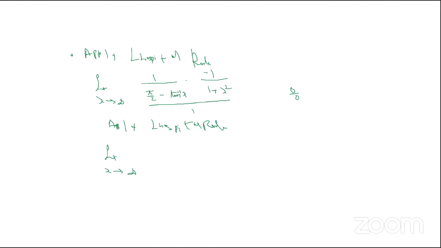D by dx of tan inverse x is 1 by 1 plus x square. One by 1 plus x square whole square into 2x divided by minus 1 by 1 plus x square.